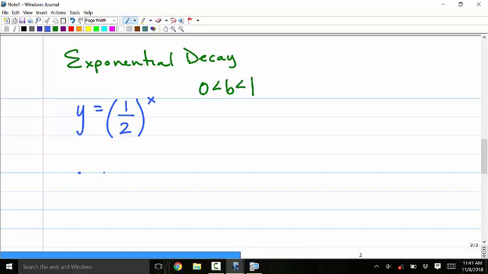So let's do our 3 favorite x's: -1, 0, and 1. Our y values are going to be 1 over the base, so 2, 1, 1/2.